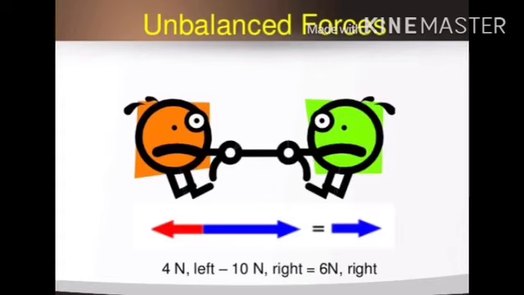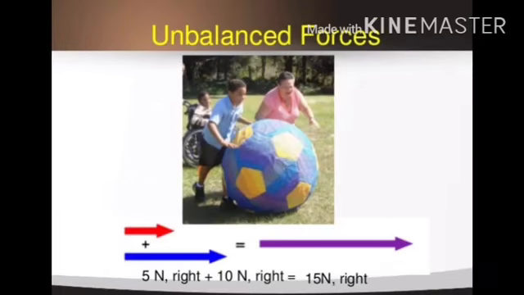So the net resultant force is 10 Newton minus 4 Newton, which is equal to 6 Newton right. Then there are a boy and a woman. The boy applies 5 Newton right and the woman applies 10 Newton right, which is equal to 15 Newton right. This is also an unbalanced force.